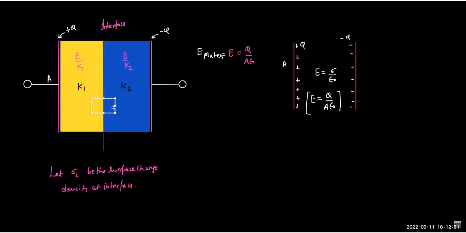Again we can find that charge using Gauss law, because we know that charge only appears at the edge of a dielectric. It never appears in the bulk, because the bulk charges are compensated. So some charge will be here, some charge will be here, but together we have a single value, which is sigma.